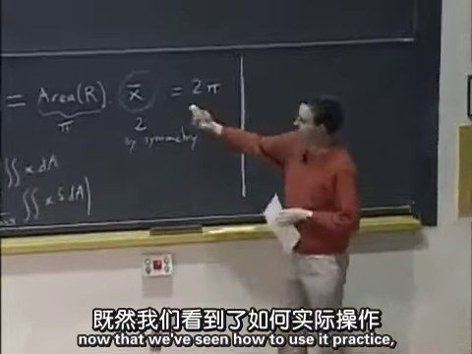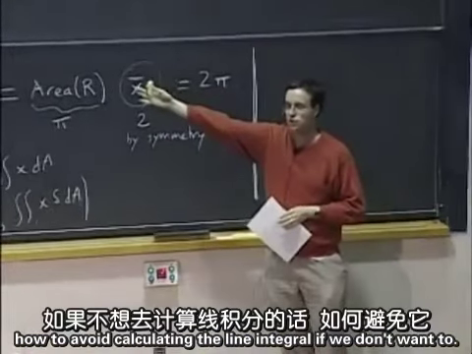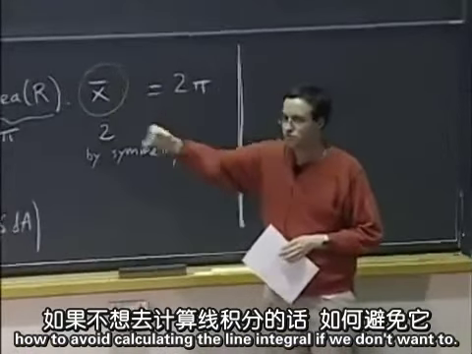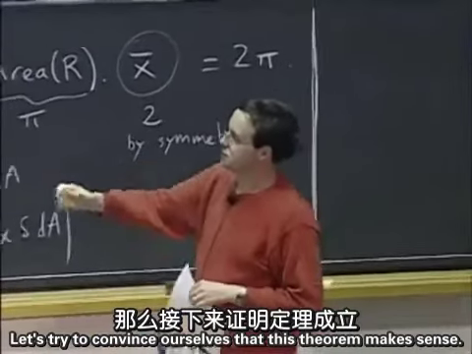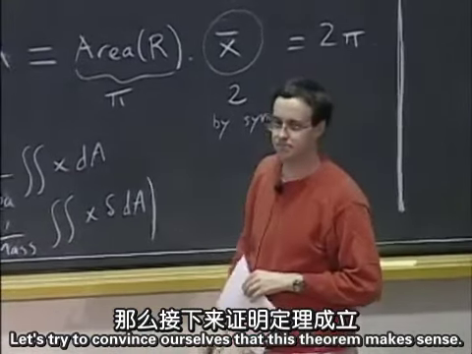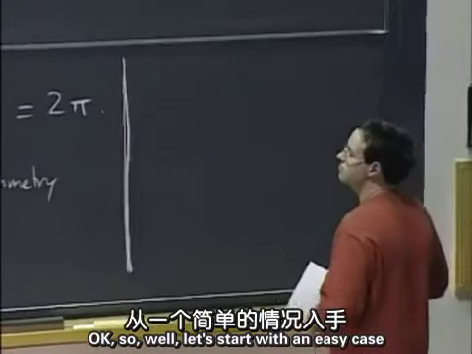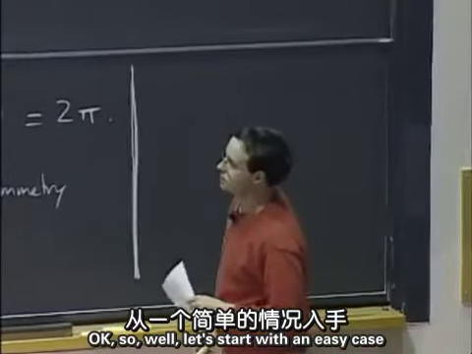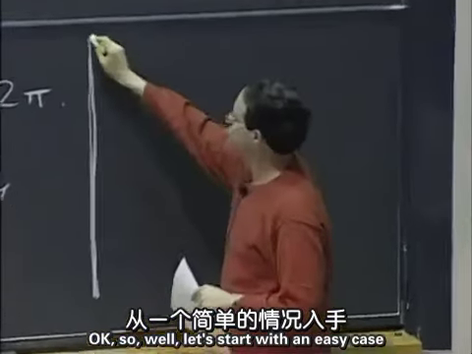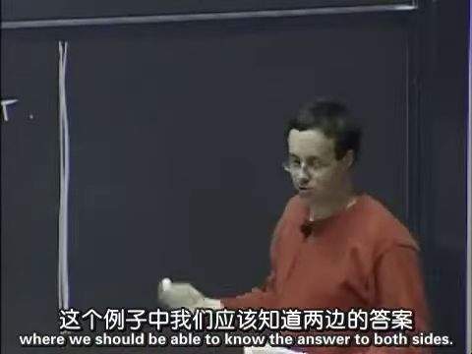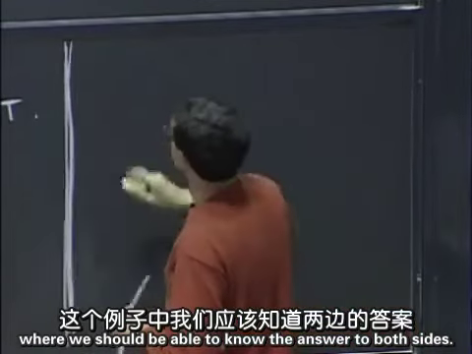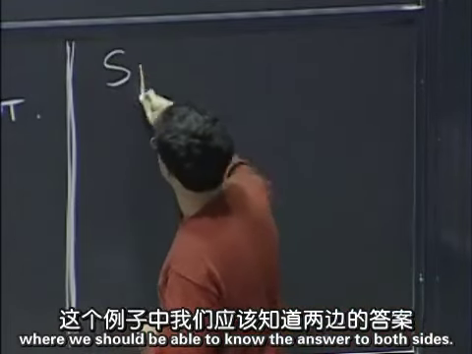Now that we've seen how to use it in practice, how to avoid calculating a line integral if we don't want to, let's try to convince ourselves that this theorem makes sense. Okay, so, well, let's start with an easy case where we should be able to know the answer to both sides. So let's look at a special case.